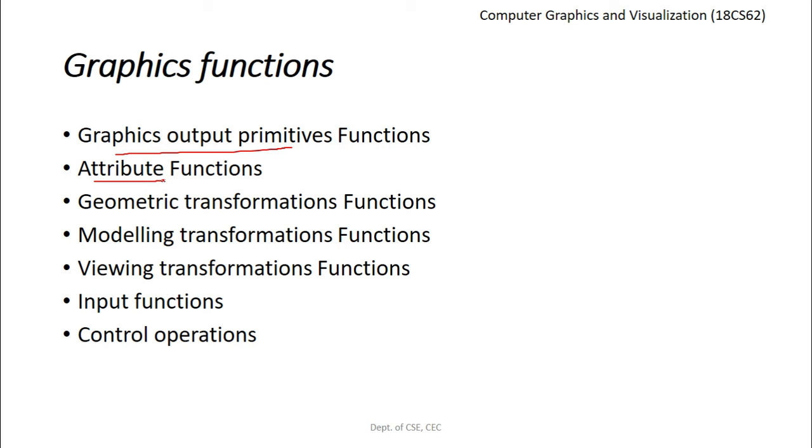All these things are defined using the graphic attribute functions. So with primitive functions we specify what should be drawn, whether it is a point, a triangle, or a straight line segment. Attribute functions specify how it should be drawn, with what color, with what style, and so on. Then a very important category of functions we have is geometric transformation functions.